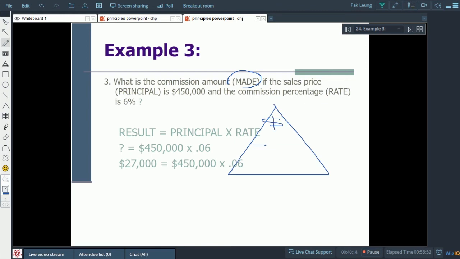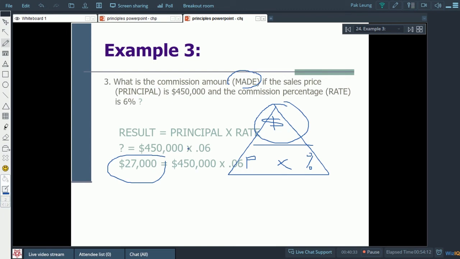Example number 3. What is the commission amount made? How much you made, if the sale price was this, and your commission rate 6%. Again, the triangle, percentage, so what do you have?